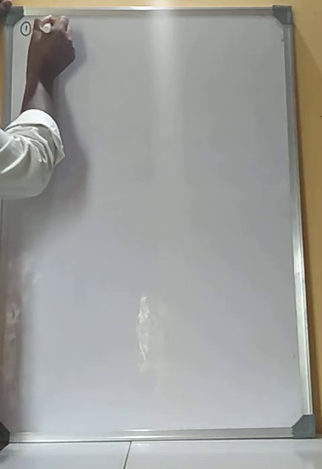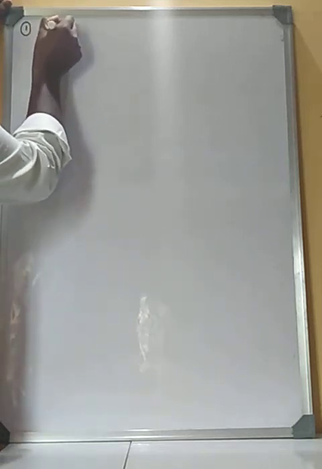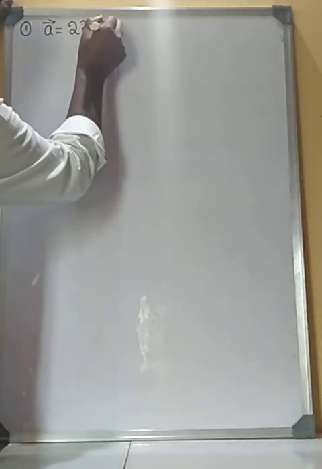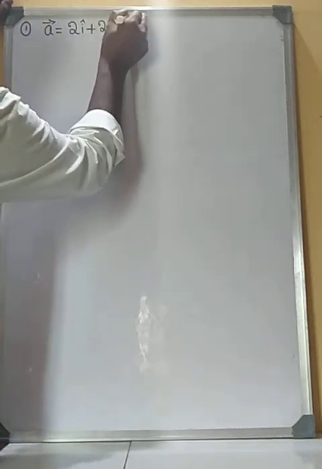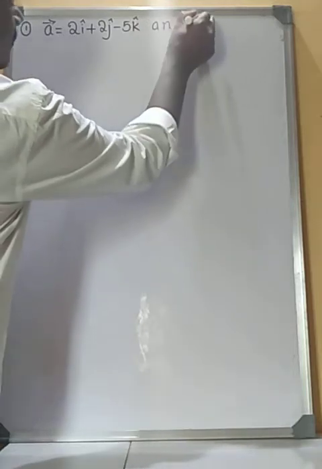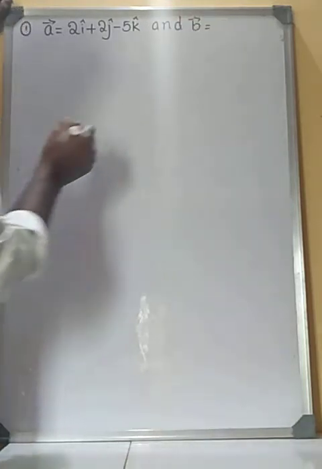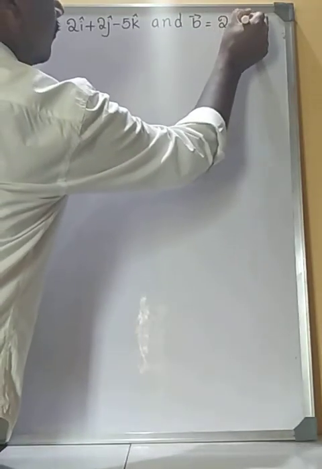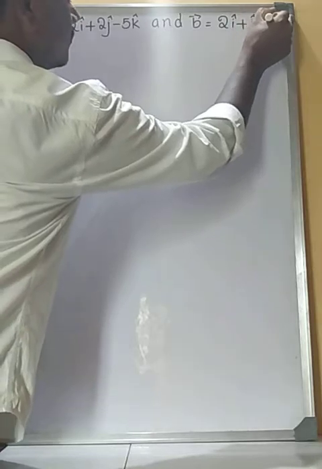Example 1. Find the unit vector in the direction of the sum of the vectors. Vector A is equal to 2i plus 2j minus 5k, and vector B is equal to 2i plus j plus 3k.